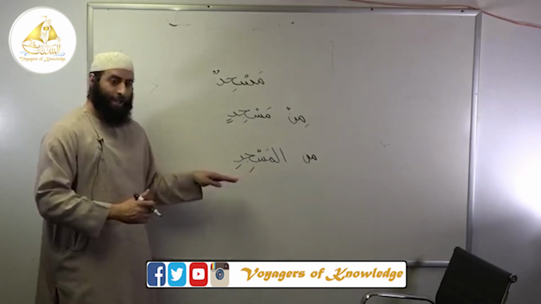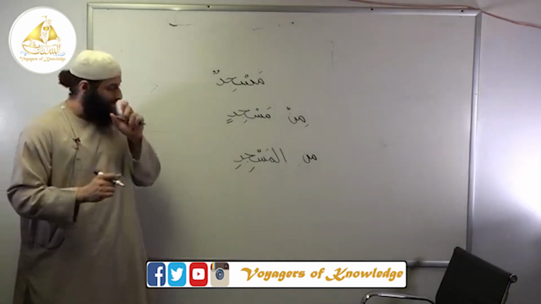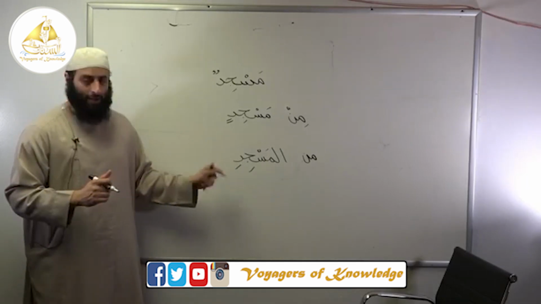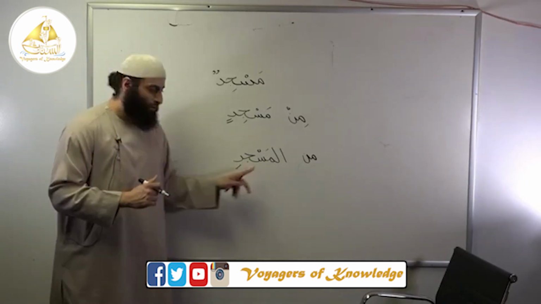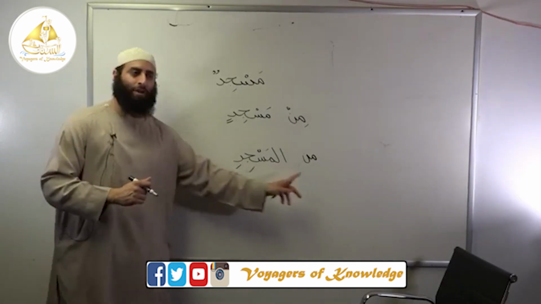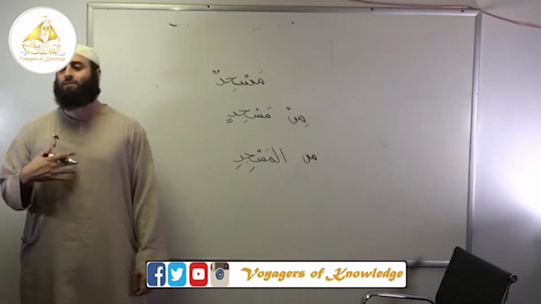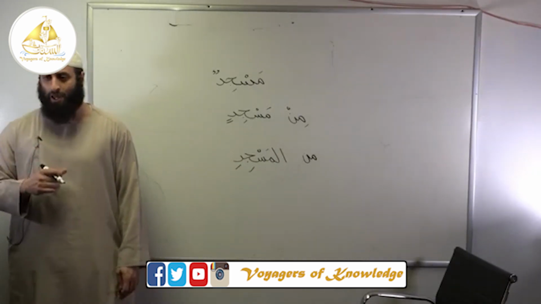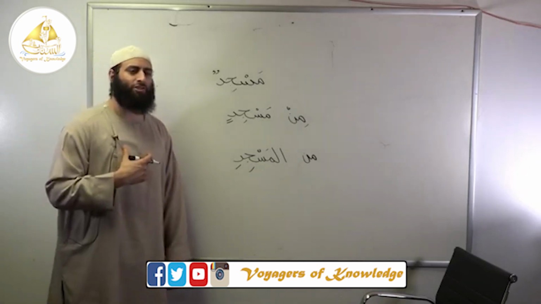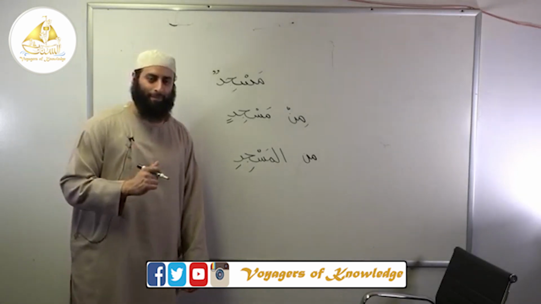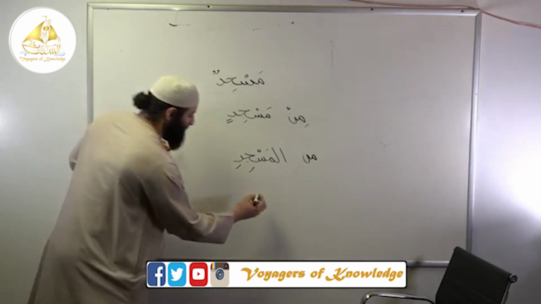Min al-masjidi. Now, the point, Kadhim, that I wanted to say was, I know there's a kasra here because min came before it. So if you hear me, I'll say min al-masjidi. But what if I just say masjidi? What does that mean? That masjid, and how is it written?